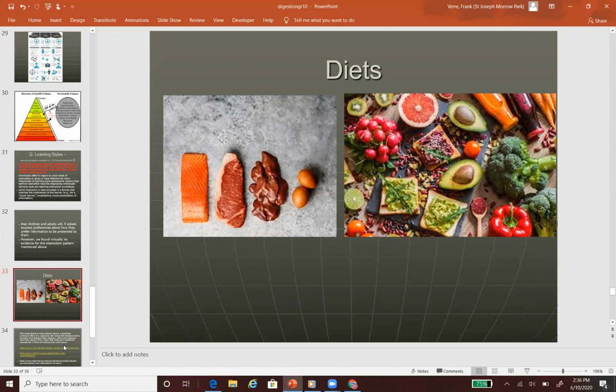if I look at this slide, on the left versus the right, now I'm sure you've heard of a vegan diet. Do you know what a vegan diet is? This is when you don't get any food from animal sources.